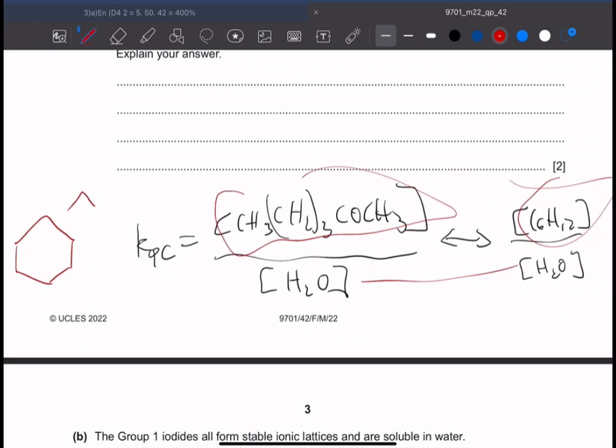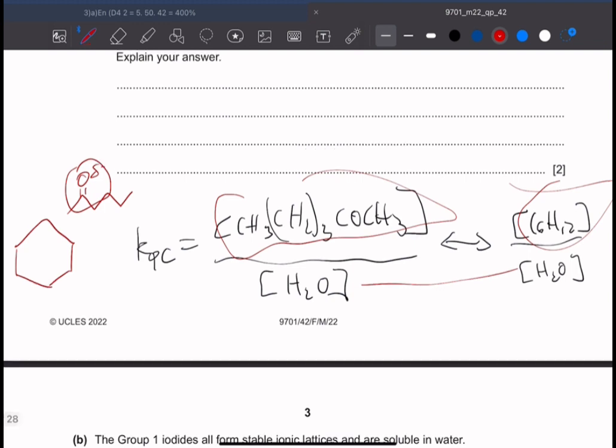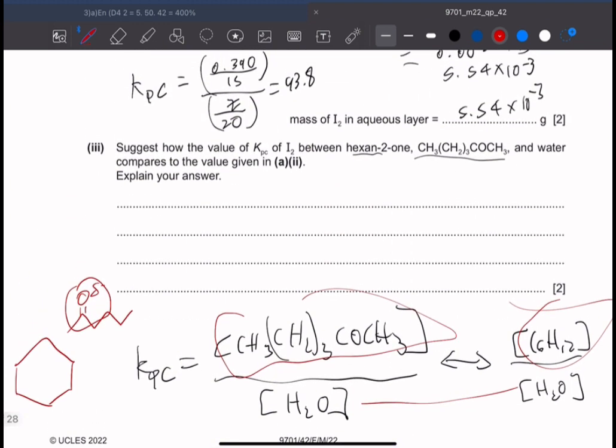Meanwhile, hexan-2-one is actually a bit polar because you have that ketone functional group. So what that means in our answer is that iodine is actually going to be less soluble in hexan-2-one. The reason for that is simply that it's more polar than cyclohexane. So since iodine is a non-polar compound, it's not going to translate well into hexan-2-one. It's not going to be as soluble.